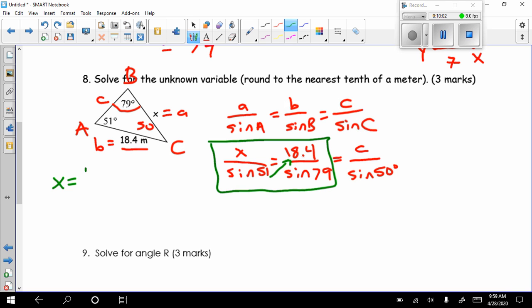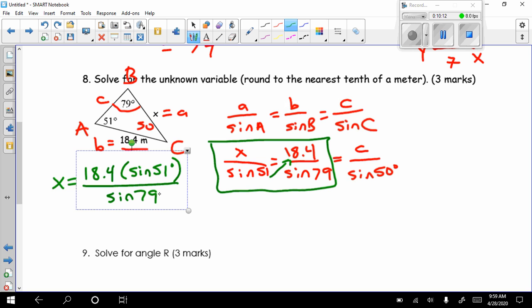So I end up with 18.4 times sine of 51 degrees divided by sine of 79. So that's how you get x by itself. And when you type that into your calculator, type it all in, you end up with 14.6 meters. Okay.